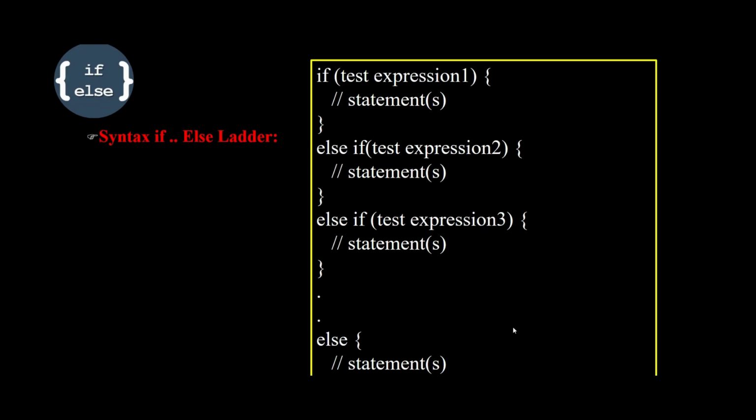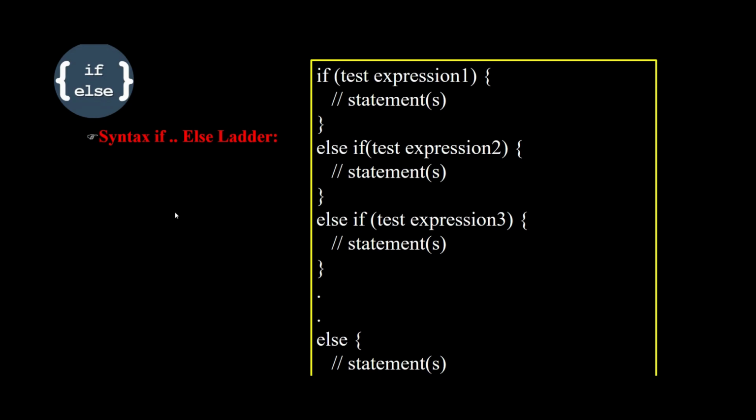So the idea of this if-else ladder: when we use an if-else statement, it executes just two different codes depending on whether the test expression is true or not. But sometimes we have to choose between more than two statements or more than two possibilities.